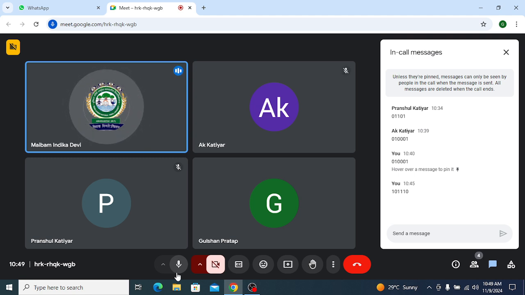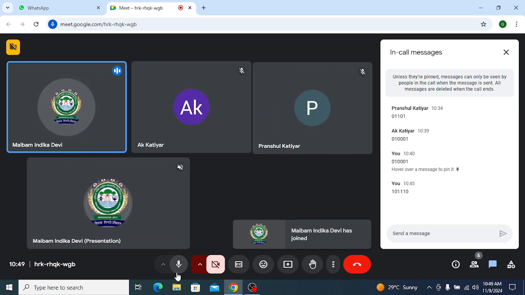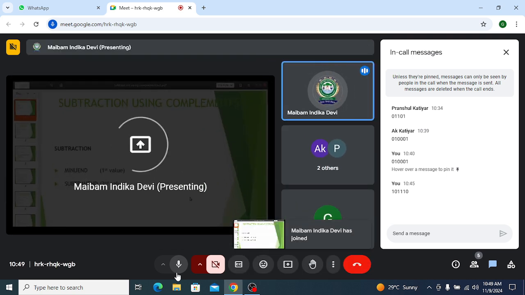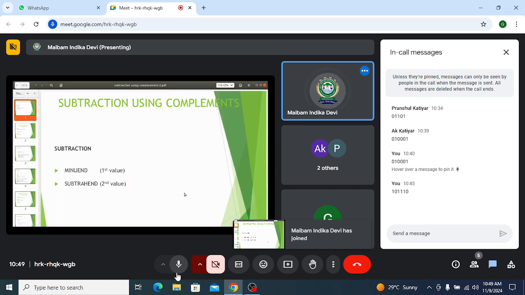That borrow bit involvement is easy to solve using the pen and paper method. As we have done, we find it easy. But how to deal with that borrow when you do subtraction using computers?